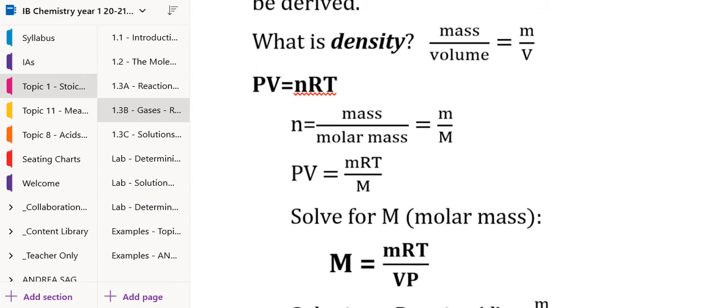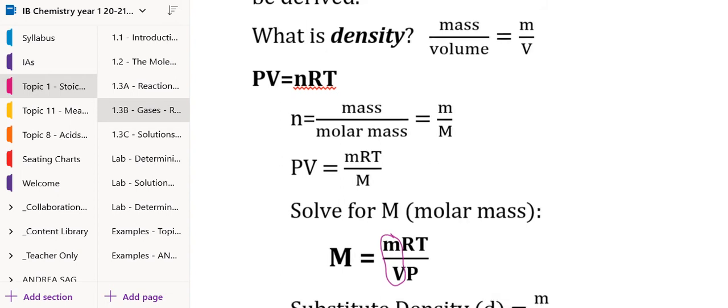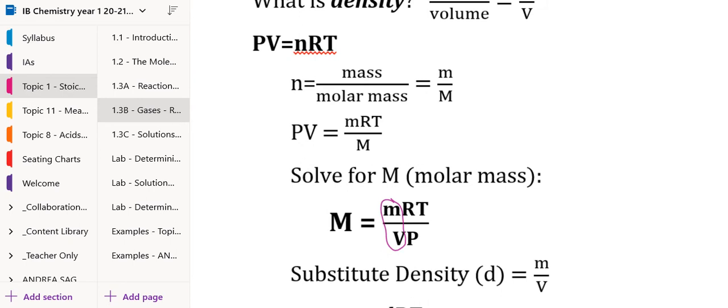And then if we look at this right here, what do we have? Density. So in doing this and working this out, we have density.